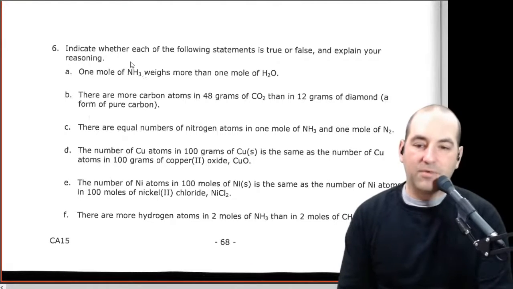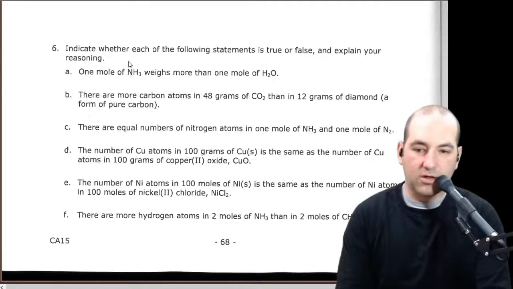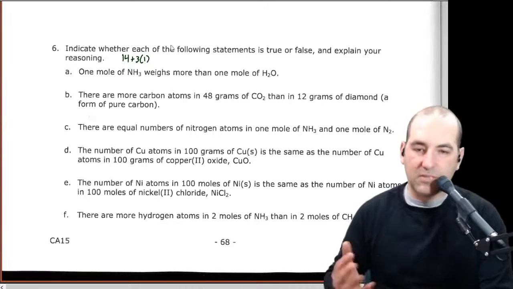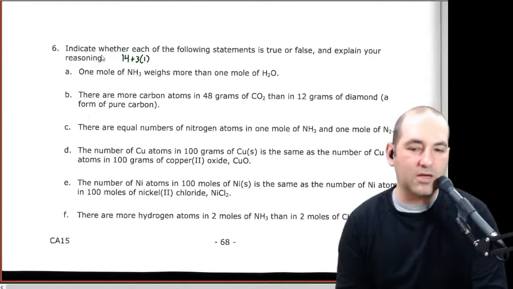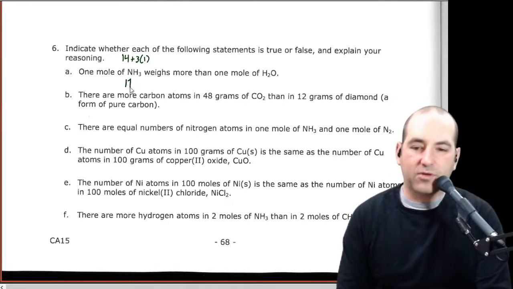So we're going to add up these weights in each case and decide which one, a mole of which one, would weigh more. So NH3 would be 14 plus 3, because I know these masses. You can look them up on the periodic table. That's 17 grams per mole.